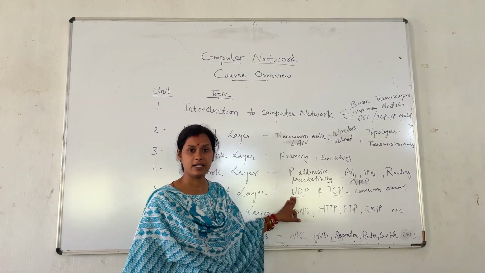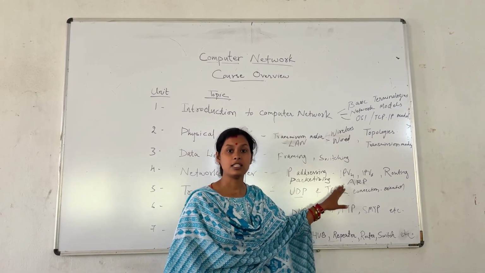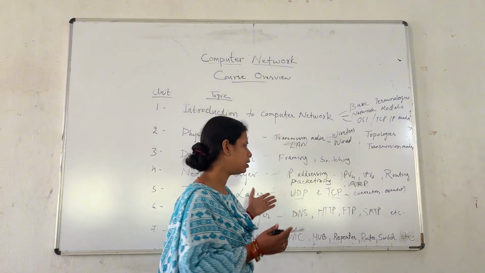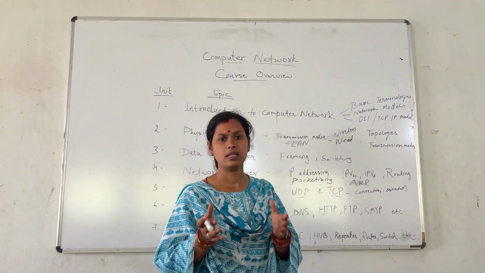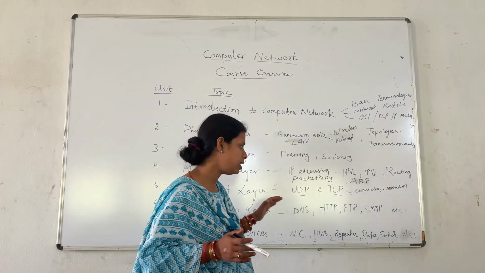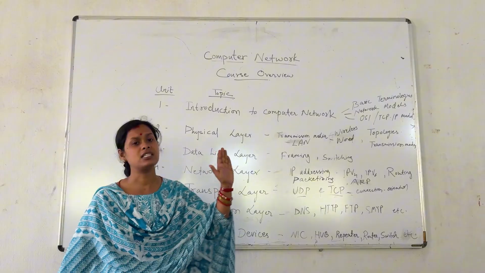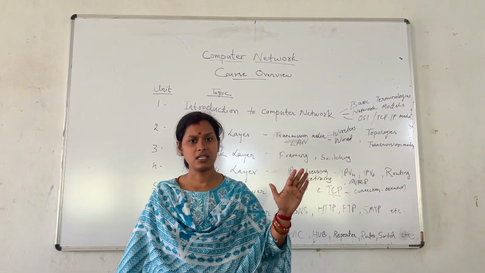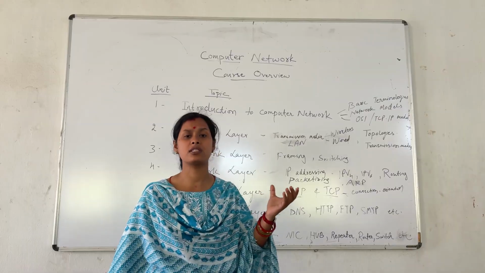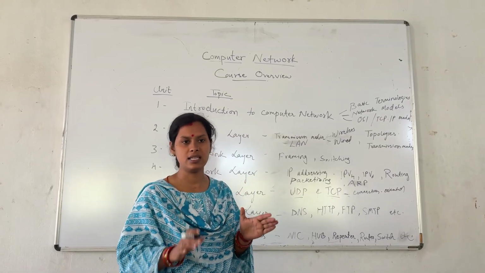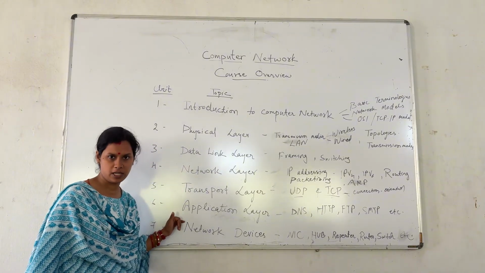Each segment is given a sequence number, so that when the data reaches the destination, it can be rearranged. On the sender side we see segmentation, and on the receiver side we see reassembly. Through the sequence number the data is rearranged and sent to the upper layer, from transport to the application layer.